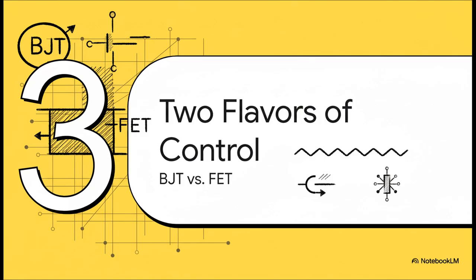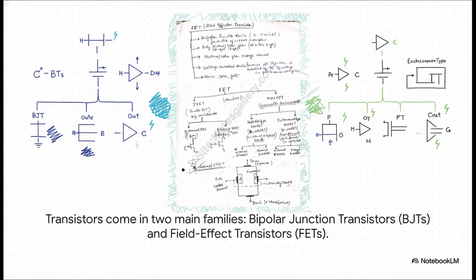But using a small current to control a big one isn't the only way to do things. The BJT we've been talking about is just one branch of a bigger family tree. There's another major type that works a little differently for different kinds of jobs. So, the transistor world is really split into two big families. You've got the BJTs, which we just met, and on the other side you have field effect transistors, or FETs. They can both do the same jobs, switching and amplifying, but they go about it in totally different ways.